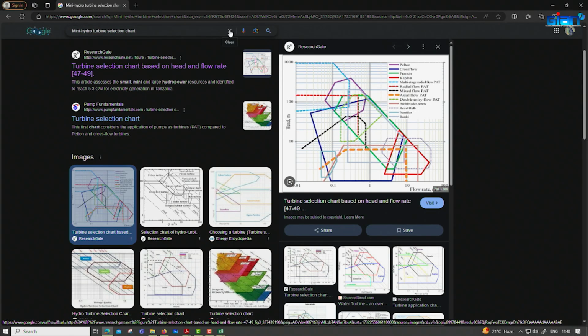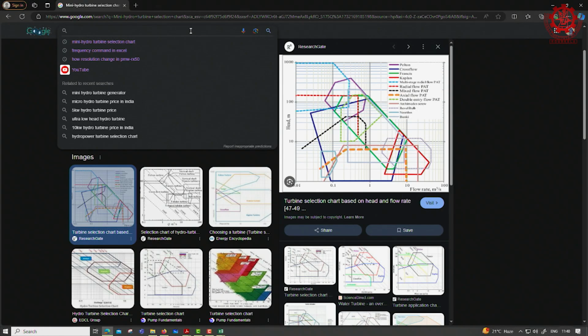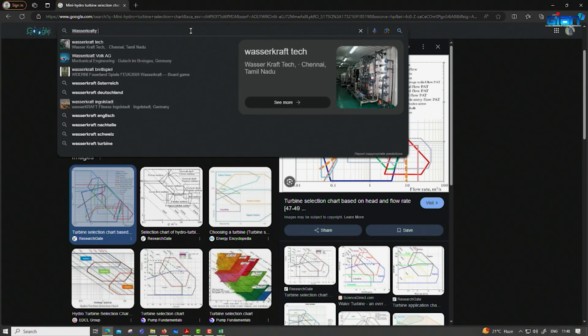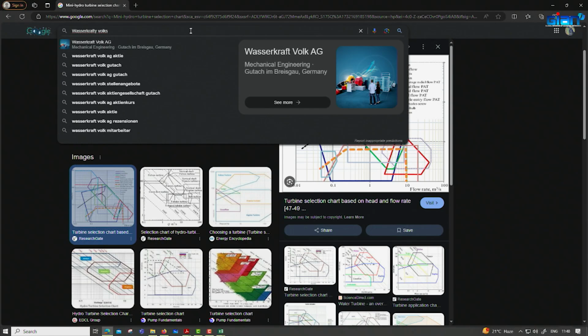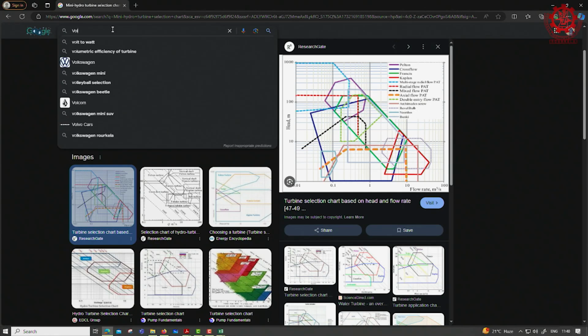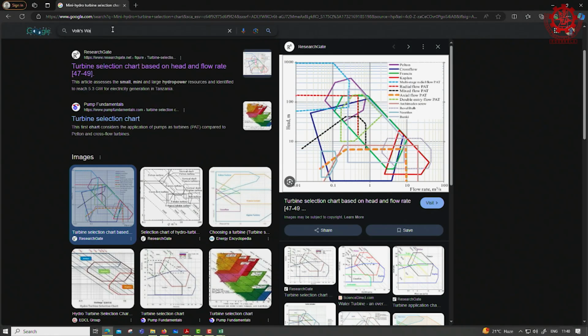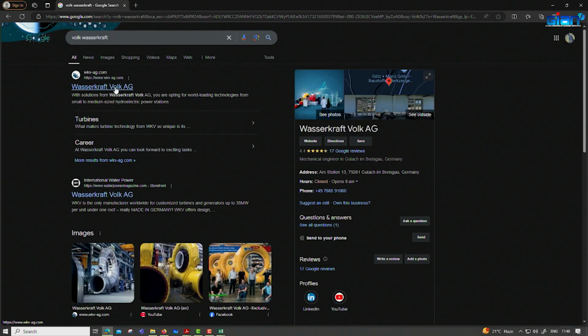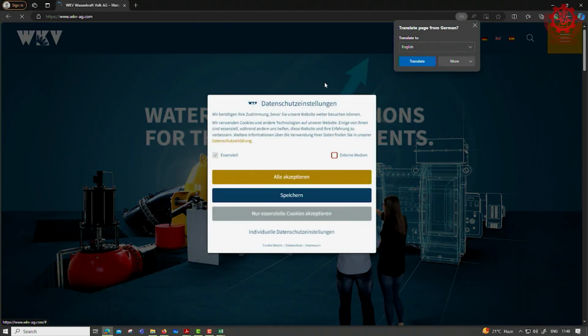There are good turbine manufacturers. For example, there are German ones here.